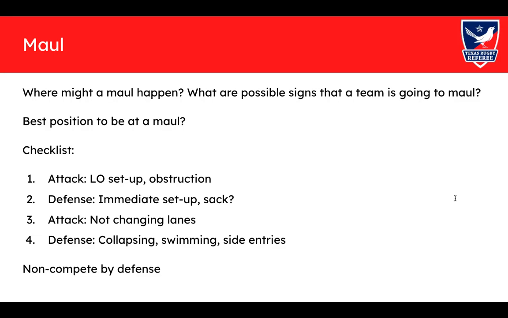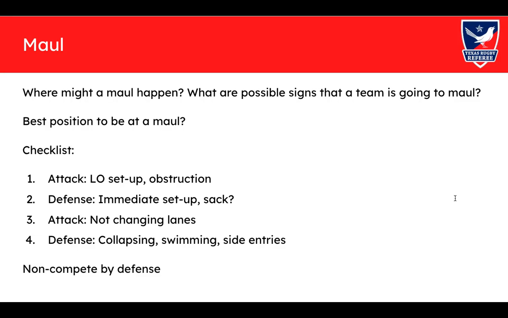And I will also make a note on the non-compete by the defense. I believe I had a webinar a while back, and what am I going to say about a non-compete by the defense at a line out?